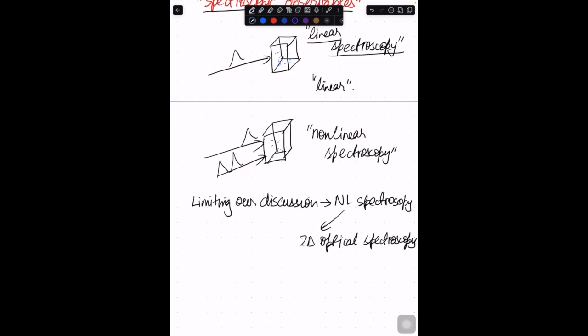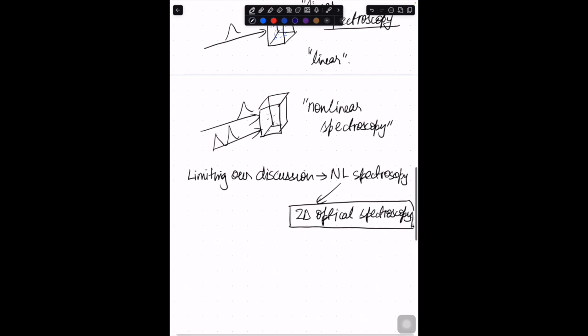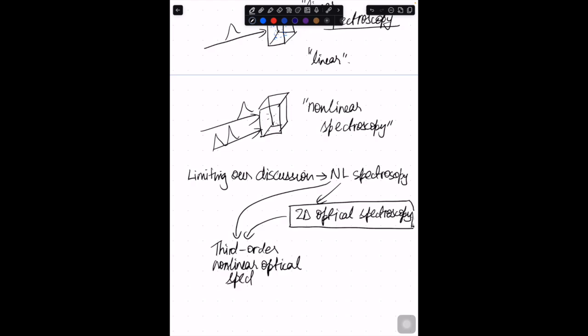So in this case, as I previously described, you have two pump pulses and a probe pulse. So for this sort of nonlinear spectroscopy, it would classify under third order nonlinear optical spectroscopy. So this is what we are going to study specifically.